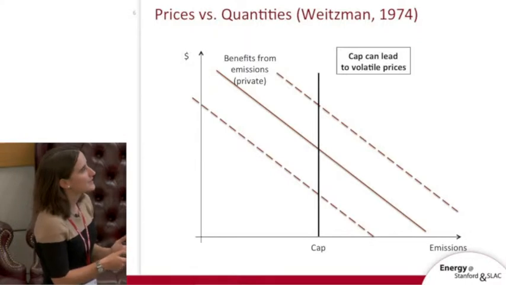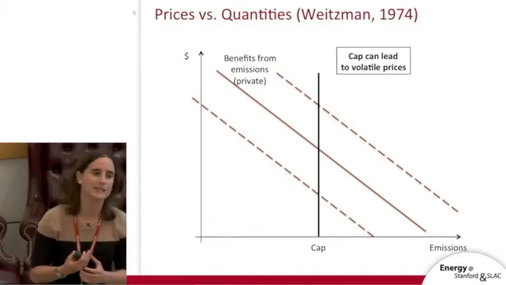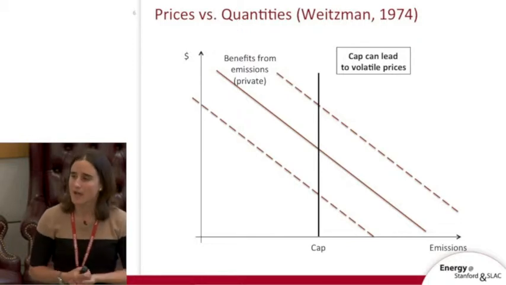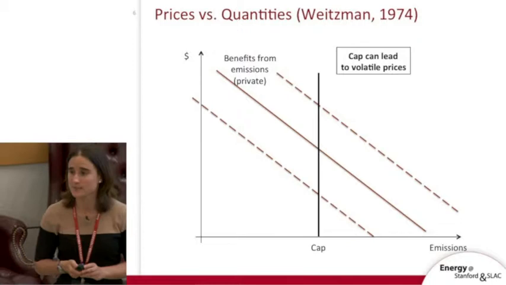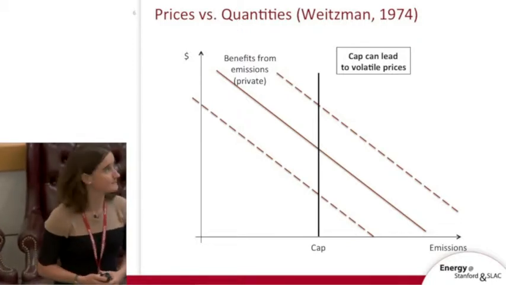If all of a sudden there is a shock that makes the benefit from emissions low, we could get very low prices. At the same time, if there's another shock that's high, we could get very high prices. So the cap and trade mechanism in the context of carbon emissions can lead to very volatile prices, again through the lens of this simple economic model.